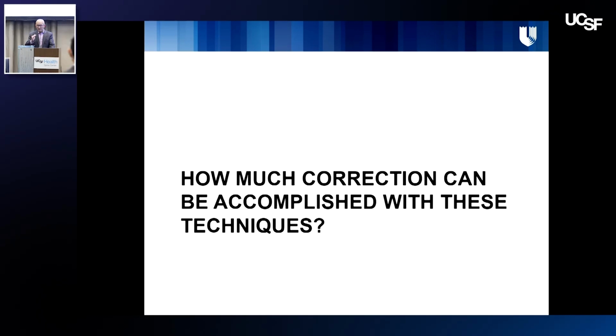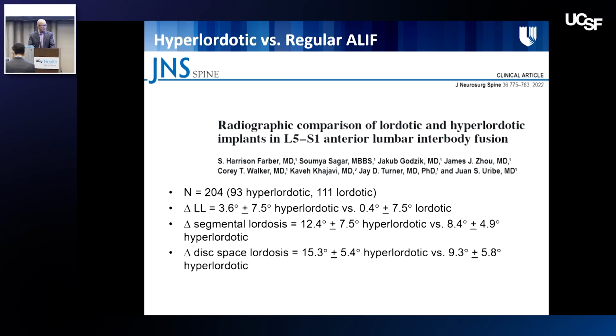And so when we think about these techniques, ALIF, lateral, ACR, MIS TLIF, how much correction can be accomplished with these techniques? This is a paper out of the BNI fairly recently, 2022, comparing hyperlordotic versus lordotic ALIF, L5 to S1 only. A pretty decent series, 204 patients, 93 had hyperlordotic implants, 111 had sort of regular lordotic implants.